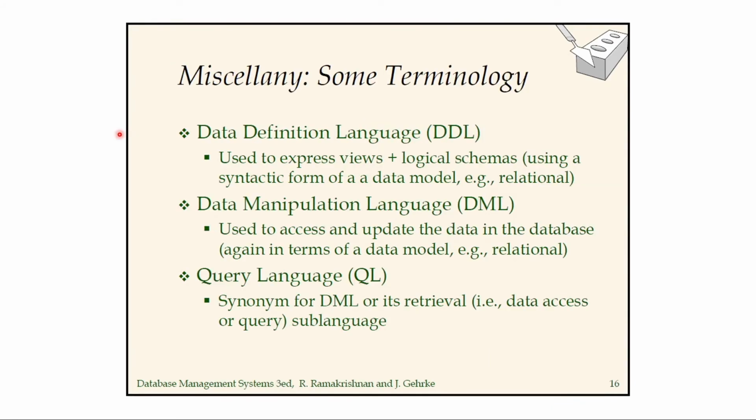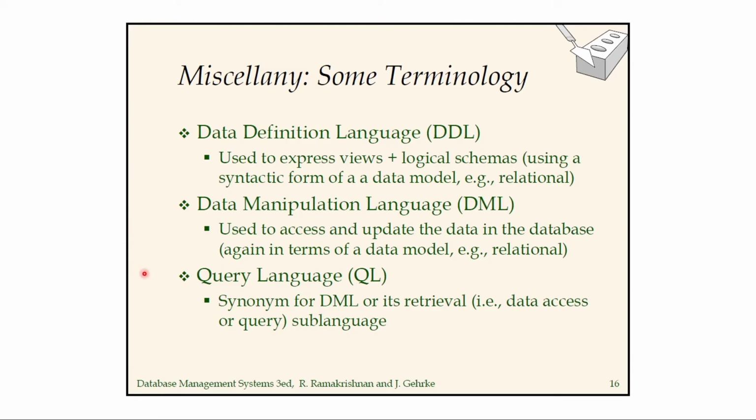The data definition language, or DDL, is what defines the conceptual and external schemas. That is, the DDL provides us the syntax and logic to implement these schemas according to our data model. When making updates to the database, you can use the data manipulation language, or DML, to access and update your data.